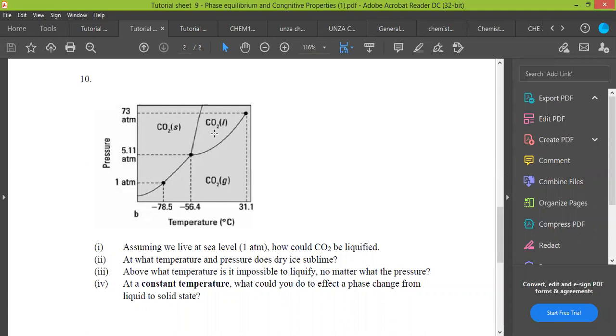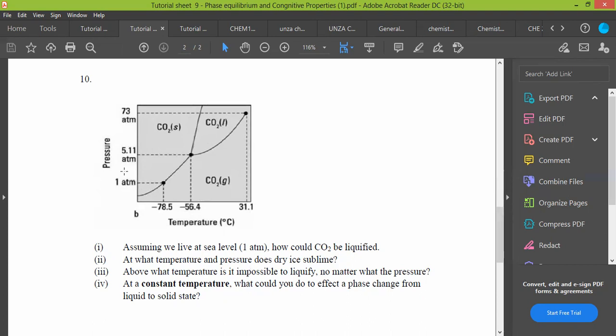The only way is to increase the pressure. When you increase the pressure and the temperature at the same time, you will be able to change carbon dioxide from a gas into a liquid phase, which is that one.